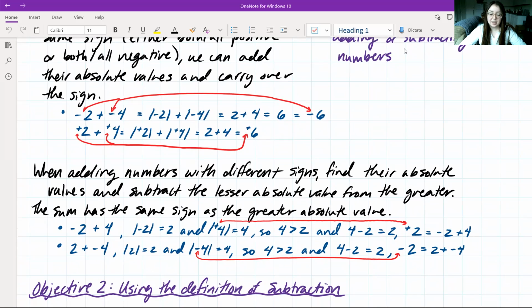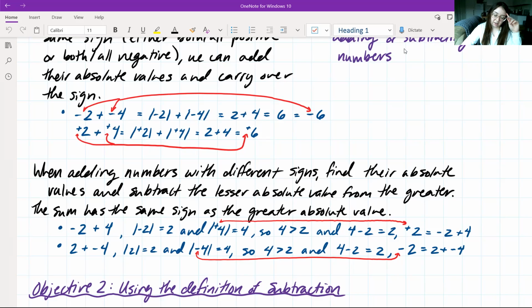When we add numbers with different signs, we find the absolute values of both numbers, and whichever one has the lower absolute value, so after you've taken your absolute value, whichever one has the lowest number, we subtract that from the larger number. And then the sum has the same sign as the greater absolute value. Once again, the greater absolute value, not the greater number. Once you take your absolute values, that's when you do all of these operations.